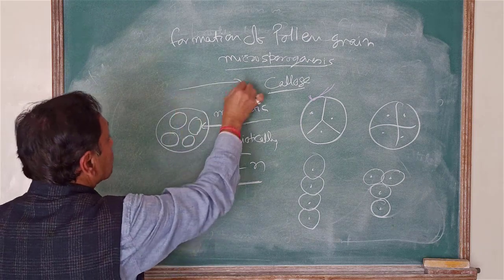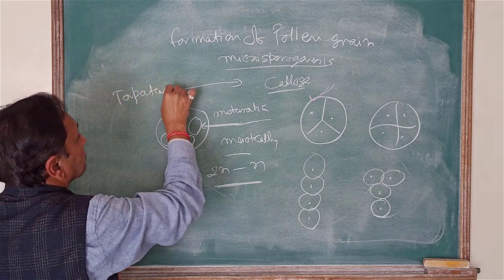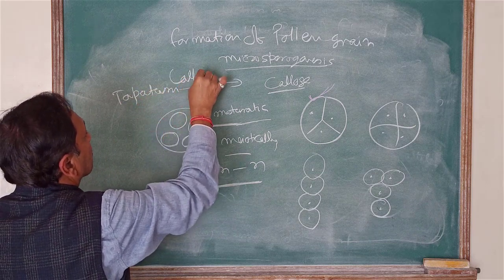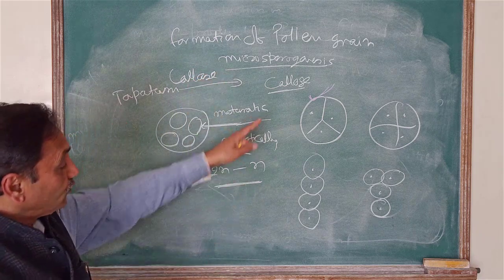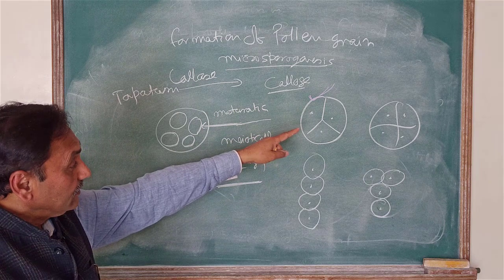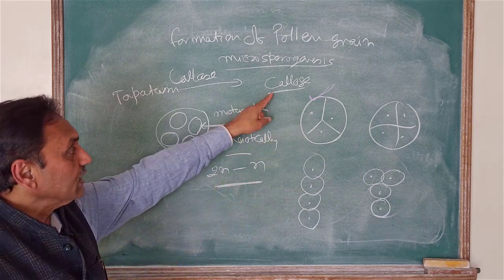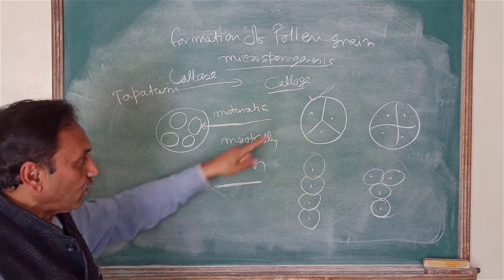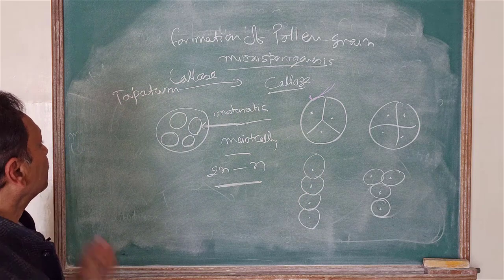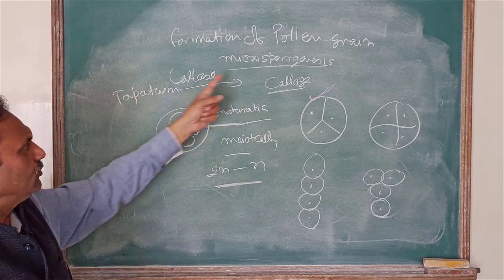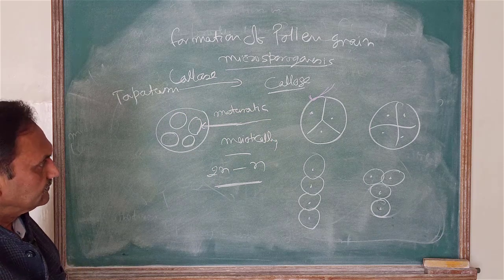Tapetum also releases callase, which dissolves the callose to free every pollen grain from the tetrad. So callose joins all the pollen grains in a tetrad, and callase, secreted from the tapetum, dissolves the callose layer to form the pollen grain.